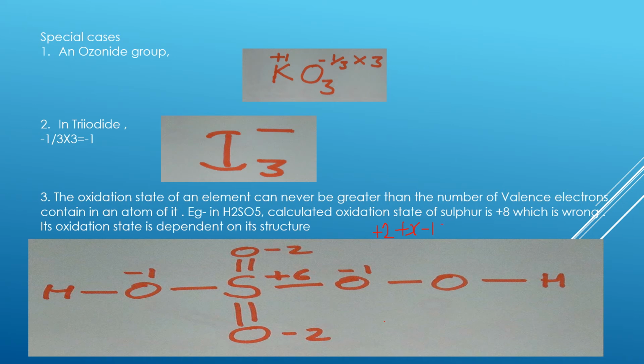As I told, this is a neutral molecule, so total charge on it will be 0. Finally, the oxidation state of sulfur will be +8. But +8 is greater than its valence electrons. It's wrong, which means we will find the oxidation state of sulfur through its structure.